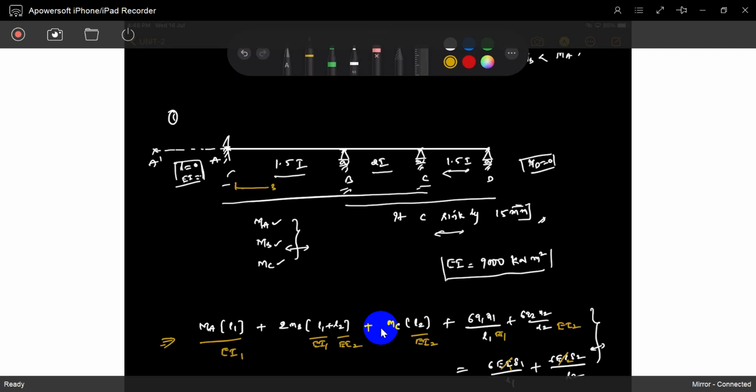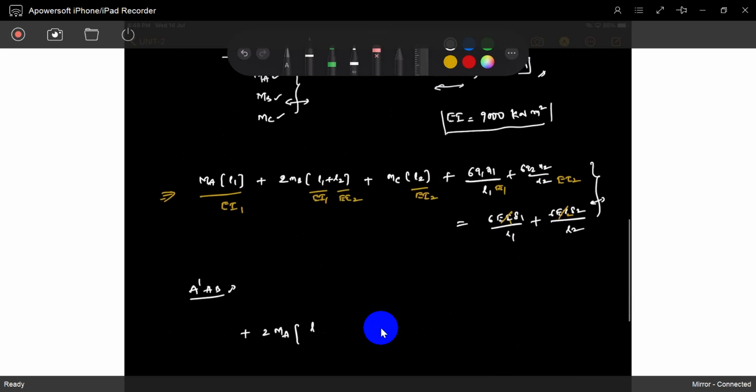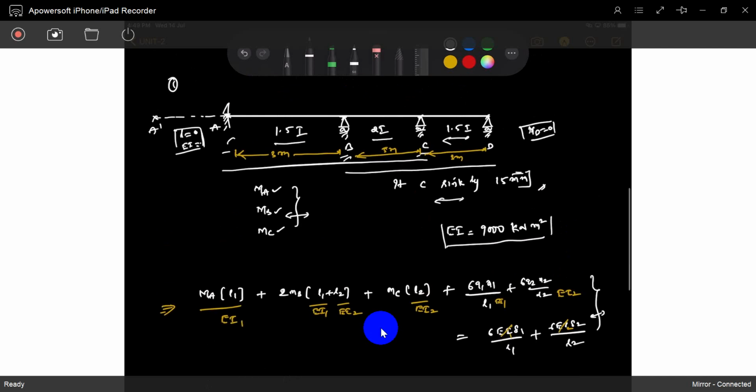This portion is 3 meters, this is 5 meters, this is again 3 meters. Okay, solve it. What is L1? Don't write equations again and again. L1 is 0.